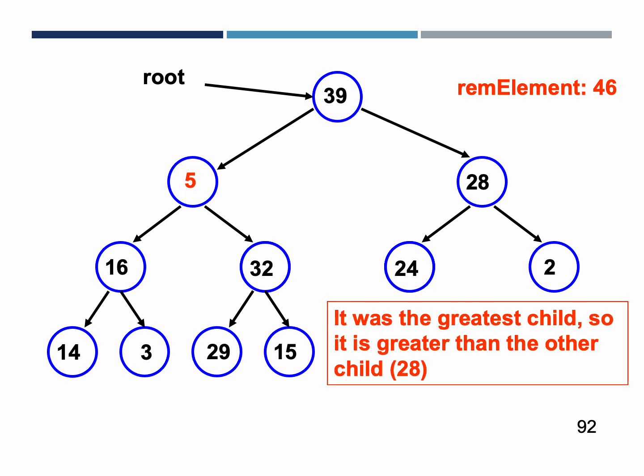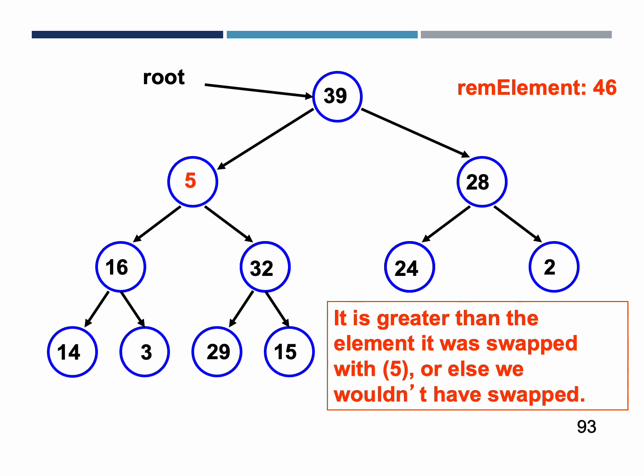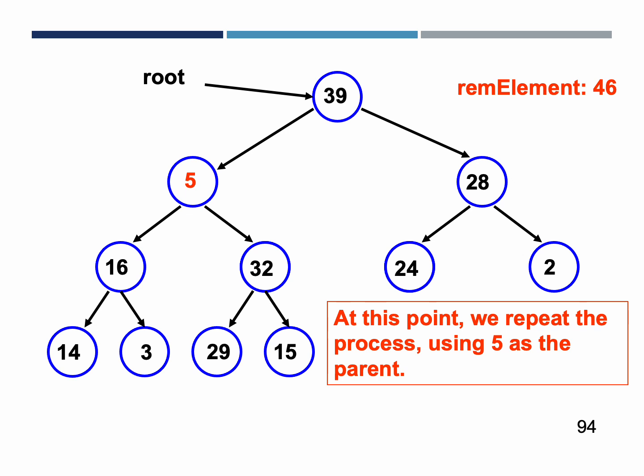It was the greatest child, so it is greater than the other child, 28. And it is greater than the element it was swapped with, 5, or else we wouldn't have swapped. Now at this point we repeat the process using 5 as the parent.